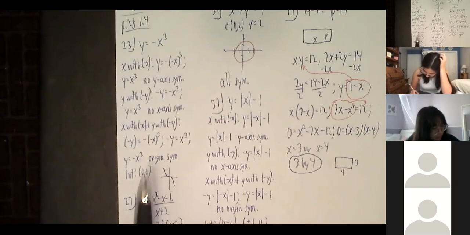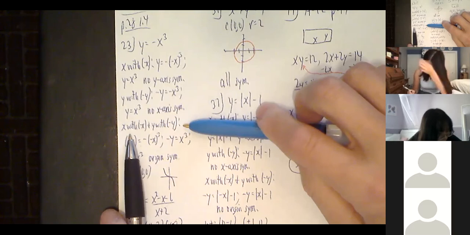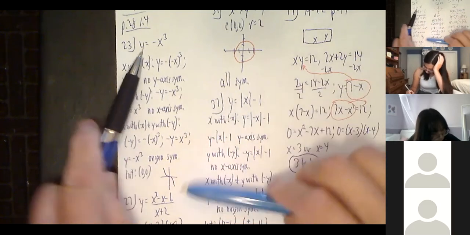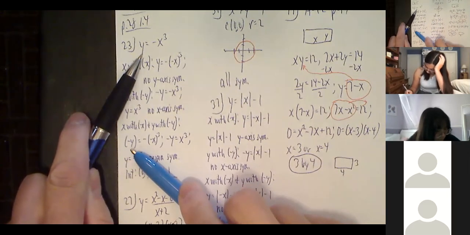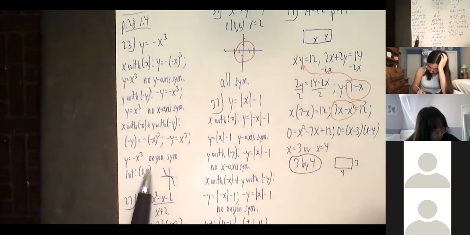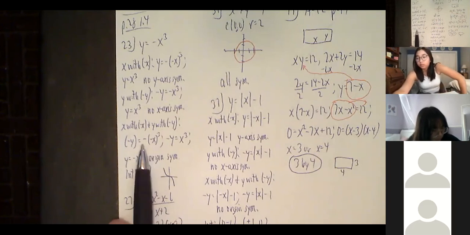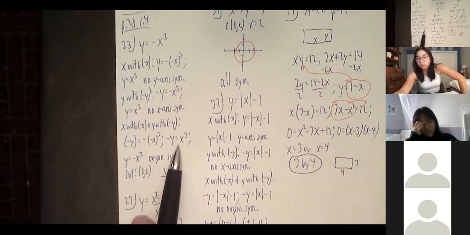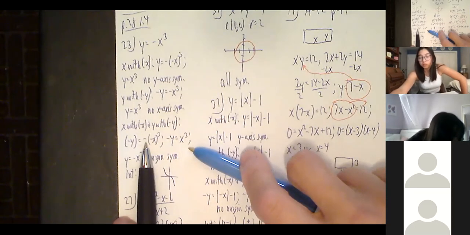But in this case, if I do both, if I replace x with negative x and y with negative y, so change that to negative y. If I change this to parentheses negative x, I now have negative y equals negative parentheses negative x cubed. Now, the whole right-hand side is x cubed, because negative x times negative x times negative x is negative x cubed, but the negative in front of the whole thing makes it positive.